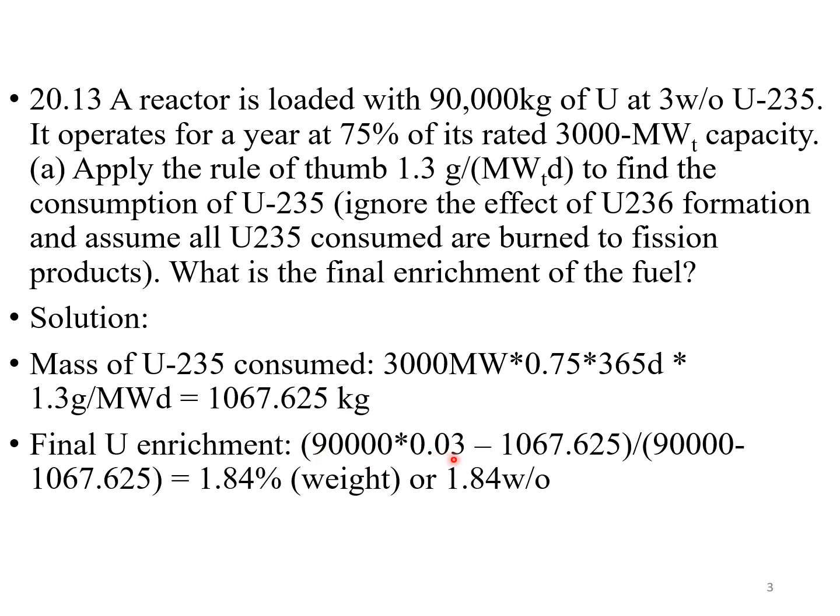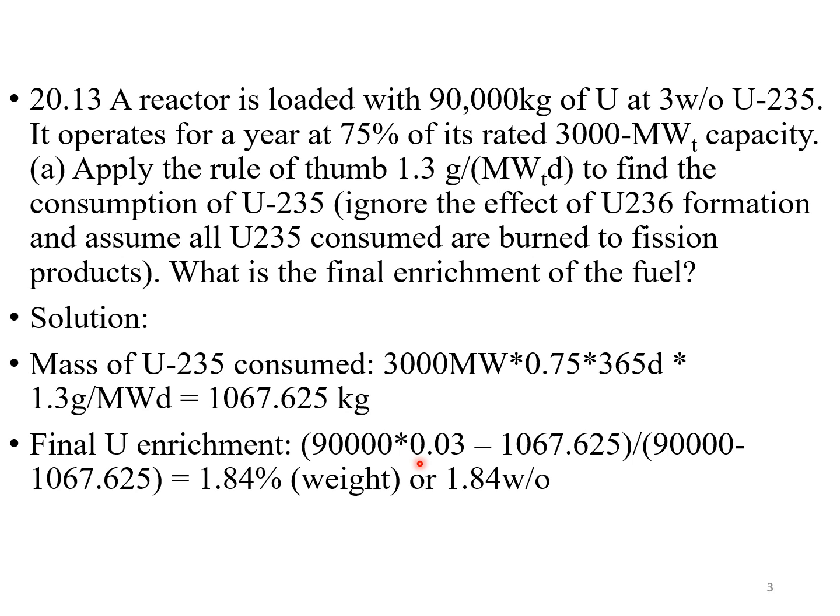So we use the initial mass, 90,000 kilogram times 3%. This is weight percentage. That is the initial uranium-235 mass minus the uranium-235 consumed. That is the remaining uranium-235.